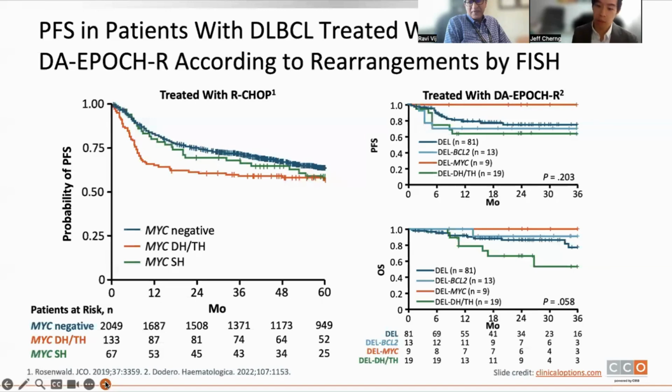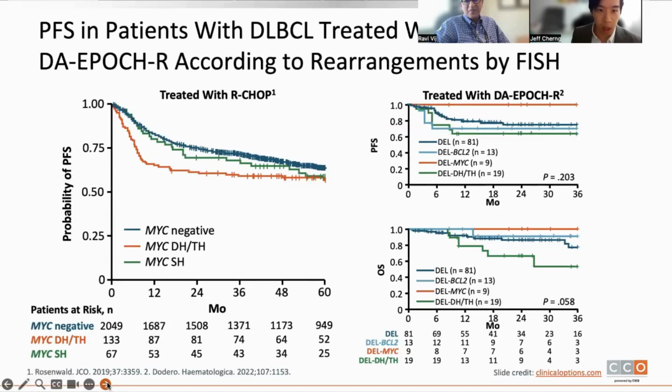And so there's been historically a lot of interest in treating these patients with escalated, more aggressive immunochemotherapy regimens, one of which we have a lot of experience with now is dose-adjusted R-EPOCH. And there seems to be some reasonable benefits in salvaging these patients' outcomes.